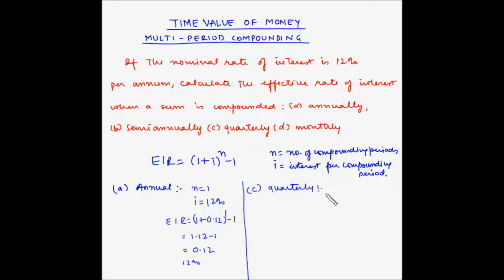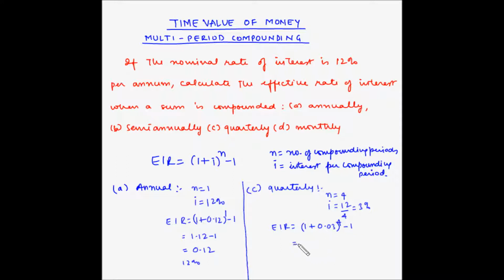Now let's move to the third one, which is quarterly. In case of quarterly, the number of compounding periods becomes 4, and the rate of interest becomes 12 divided by 4, which is 3%. So the effective interest rate is equal to (1 + 0.03)^4 - 1.